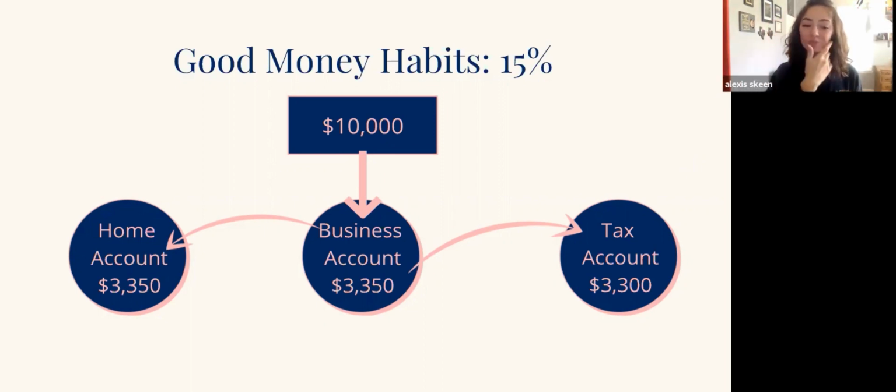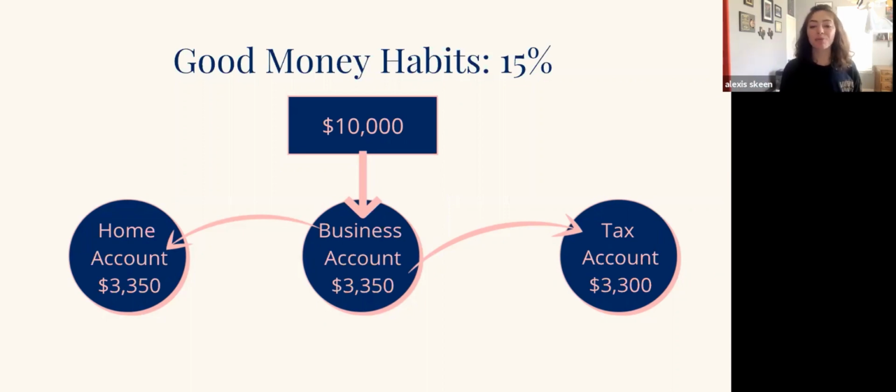So now we've got $6,700 to work with from our $10,000 check. Where are we allocating that money? How are we dividing that up? Potentially we're splitting it in half. Where are we spending our money? Where is it going? This is why having a budget, a home and a business budget, is so important, because when you get checks in, now you're dividing it into 3 different groups: your tax account, your business account, and your home account.